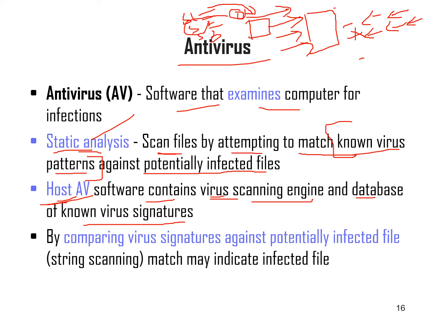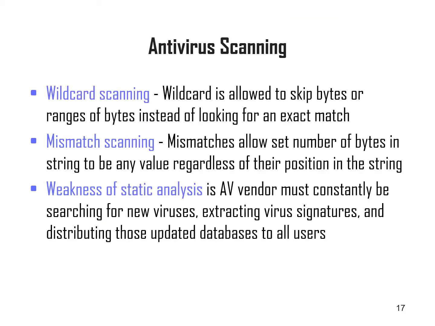So it will scan each and every file, and if I have the corresponding signature in my database, that infectious file will be quarantined. By comparing the virus signatures against a potentially infected file, as I said earlier, a match may indicate the infected file. So that is actually host AV.